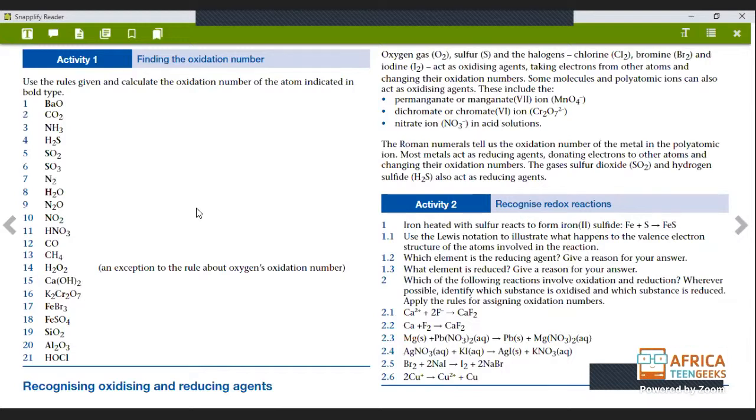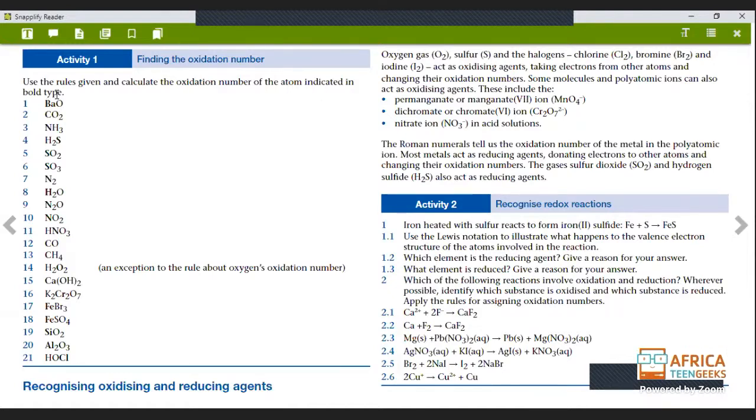Please, guys, if you don't have the textbook yet, just take a screen grab and go and test yourself. These are important things that you need to know how to identify. Use the rules given to calculate the oxidation number of the atom indicated in bold.